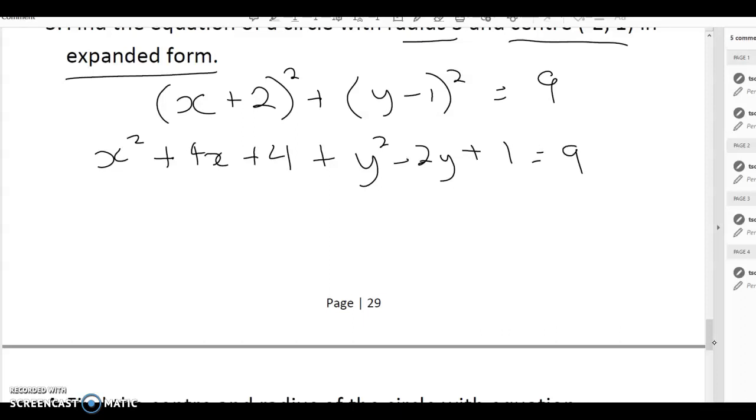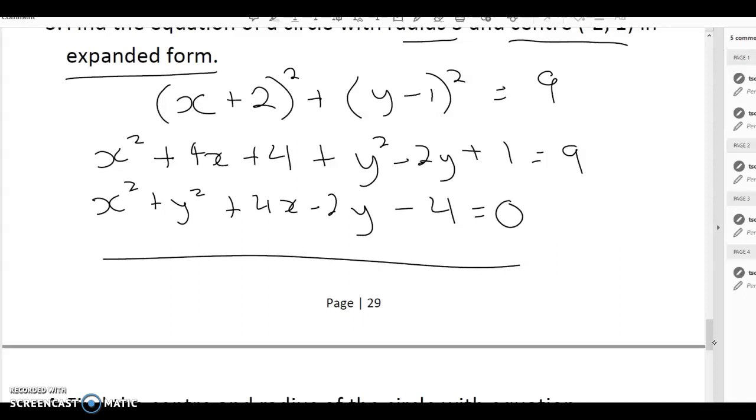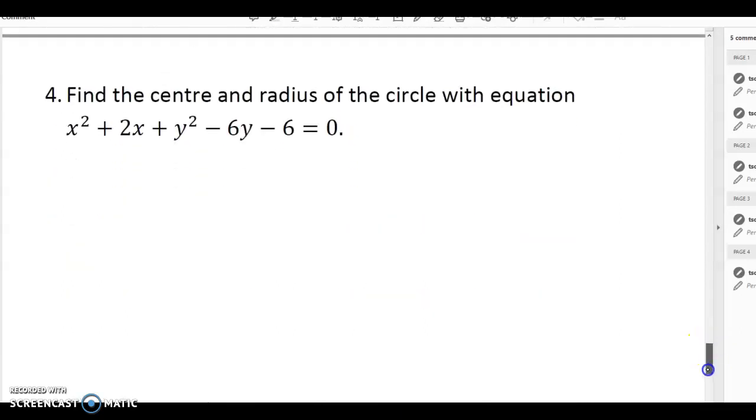And so we can sort of gather that up if you'd like. x squared plus y squared plus 4x minus 2y, and we've got plus 5, and we're going to bring -9 across. -4 equals 0. Okay, so that would be expanding that out.